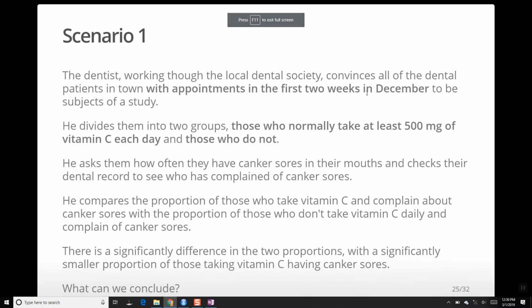So the dentist finds all the patients in the town within the first 2 weeks in December to be subjects of a study.